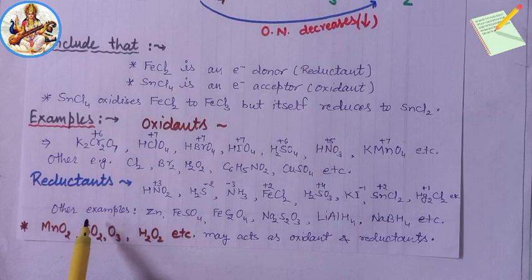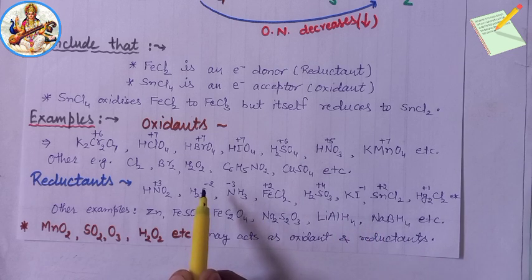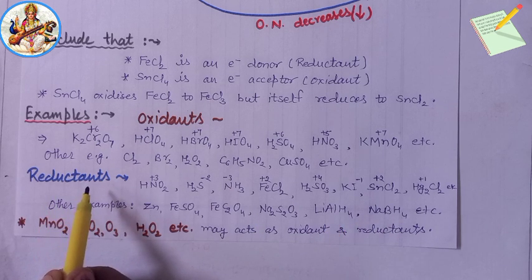Other examples of reductants are zinc, ferrous sulfate, ferrous oxalate, sodium thiosulfate, lithium aluminum hydride, sodium borohydride, etc. In chemistry, lithium aluminum hydride is also known as the elder brother of sodium borohydride. Both hydrides act as reductants.